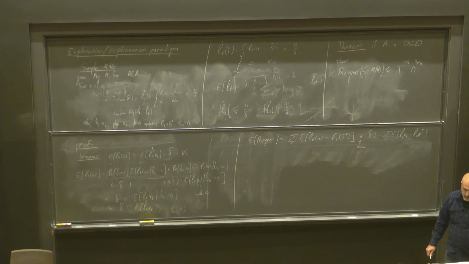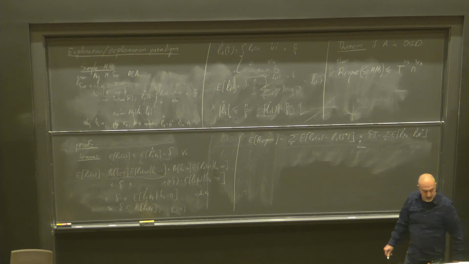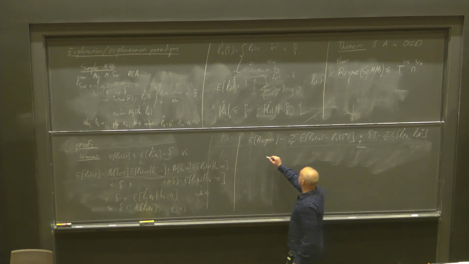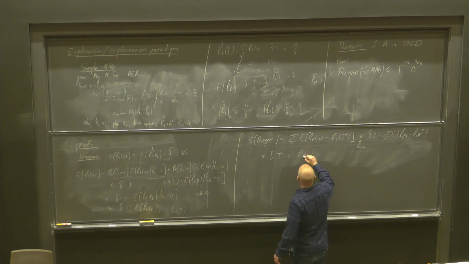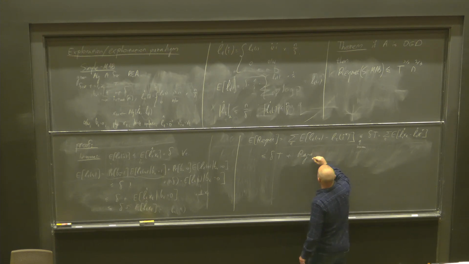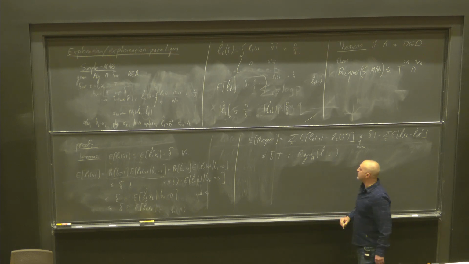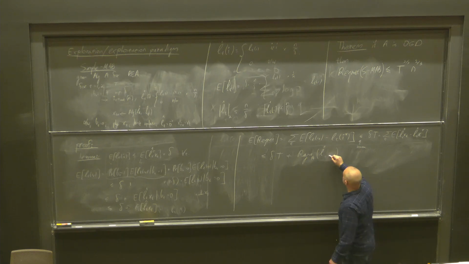So what I get here is the following. This is less than delta t plus regret of the algorithm A over these L hats, L hat 1 up to L hat t.